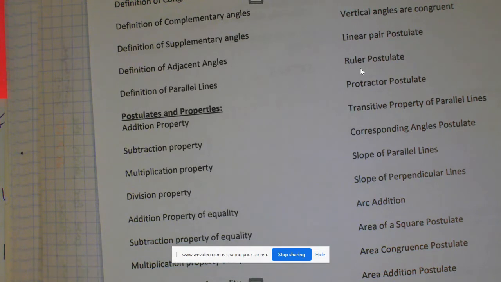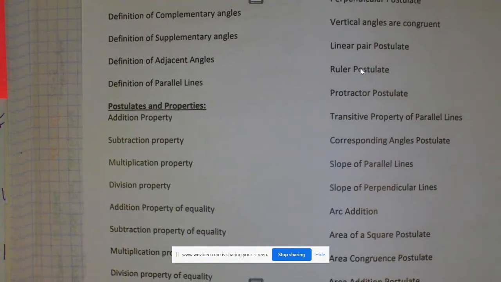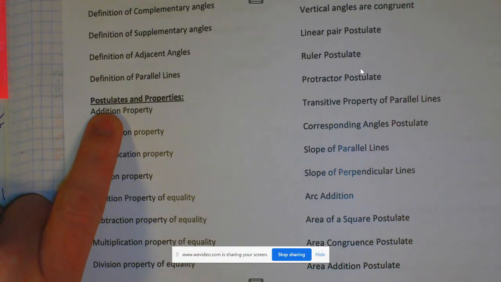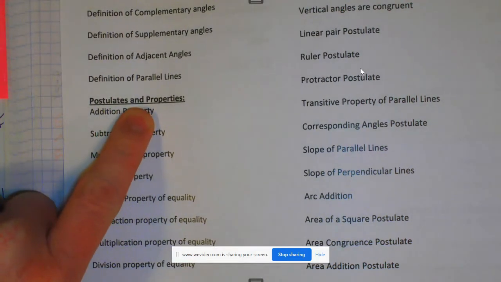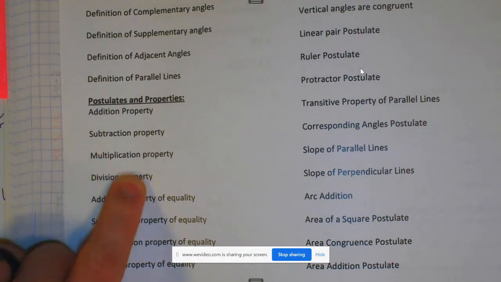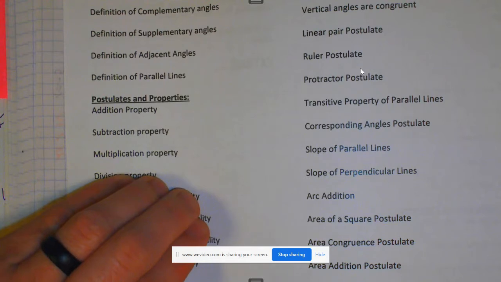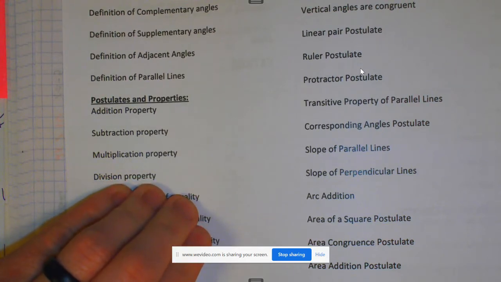There are about 8 properties here on the front side that we're going to look at right away. These properties fall under the Postulates and Properties category. These first 4 are very similar: addition property, subtraction property, multiplication property, and division property.